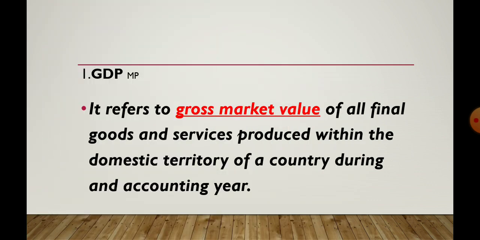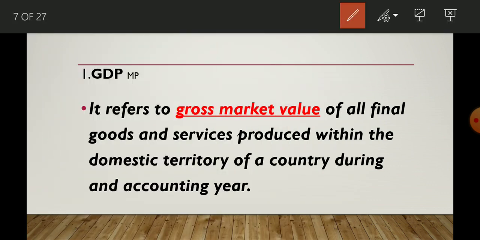So the first one is GDP MP. Here G is for gross, and MP is for market value.